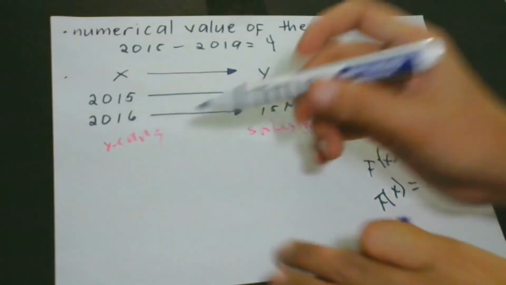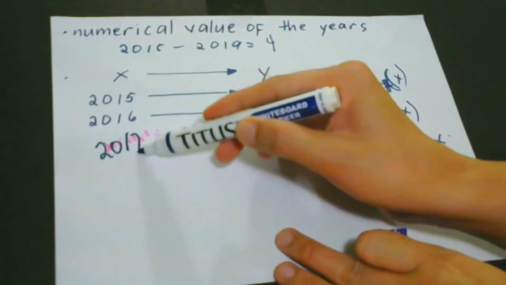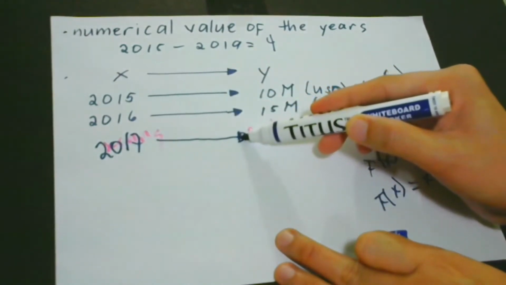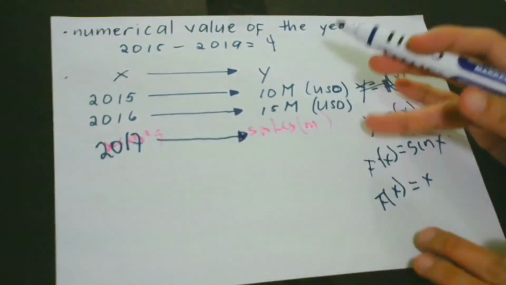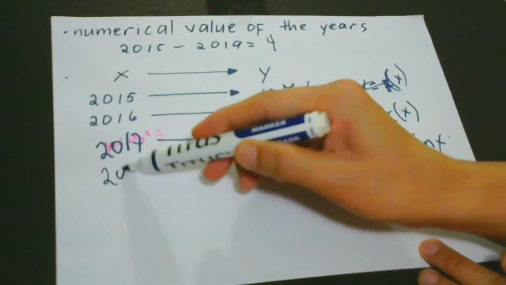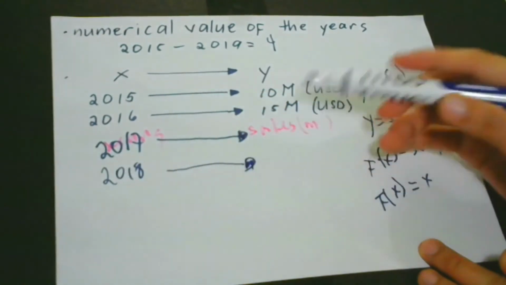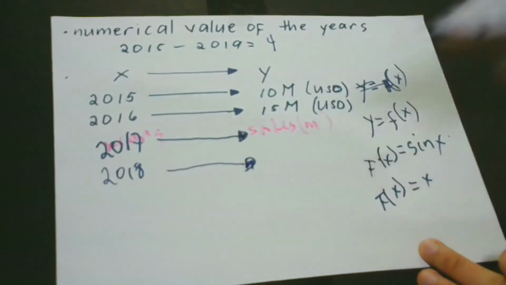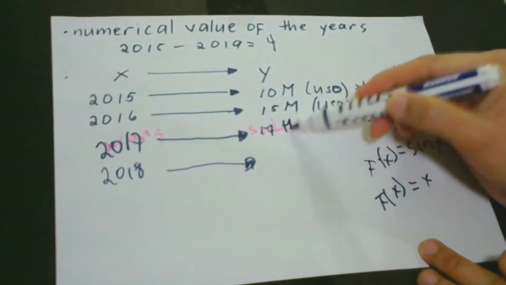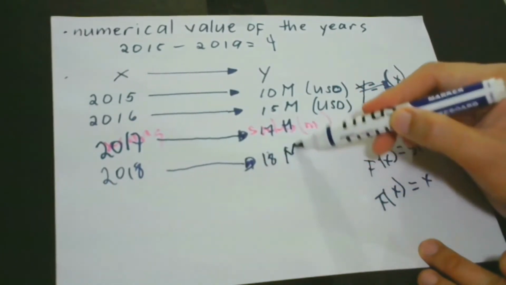For example, if we write here 2017, it will result in another different value of y, and it's the same with 2018. It will result in a certain value of y. Say, for example, we have here 17 million, and then for 2018, we could have 18 million.